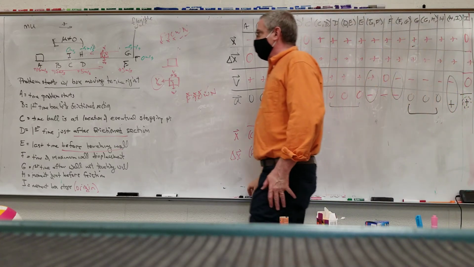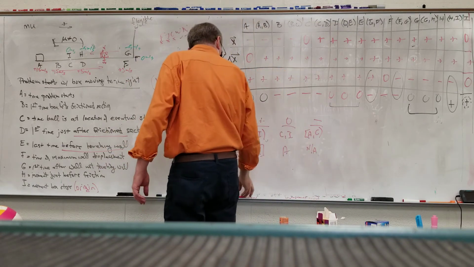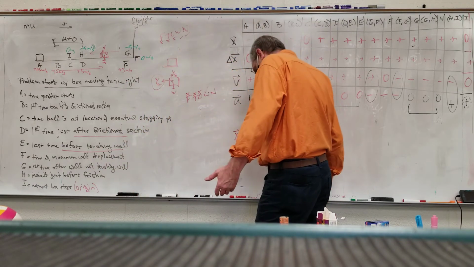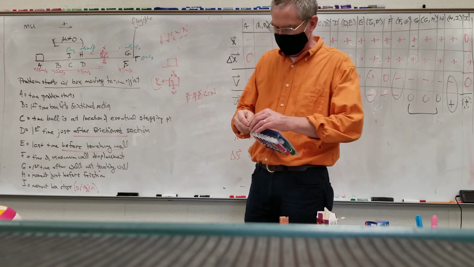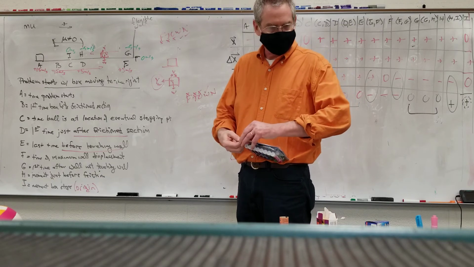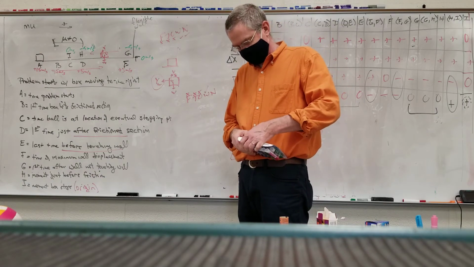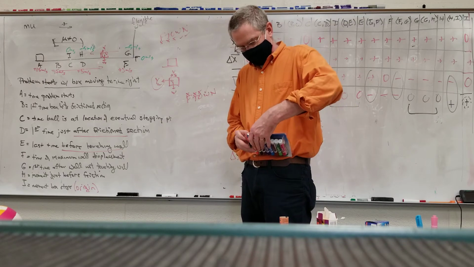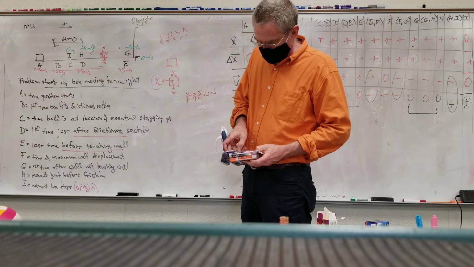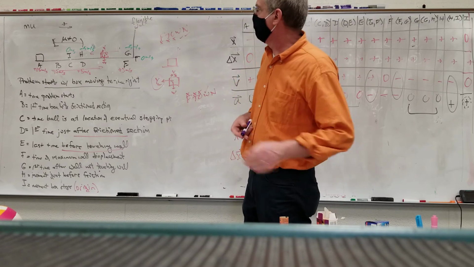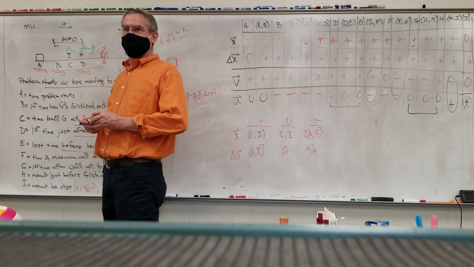So now let's look at the change in velocity. Oh, I have another color somewhere. There we go. Go purple. All right, so my change in velocity from A to B is what?